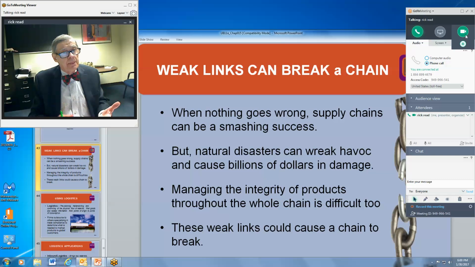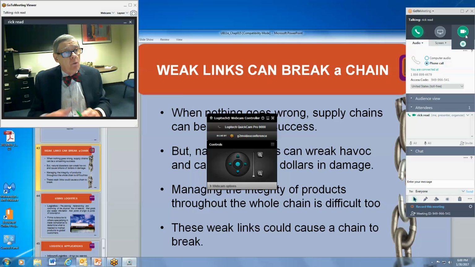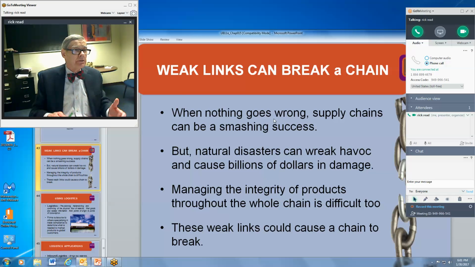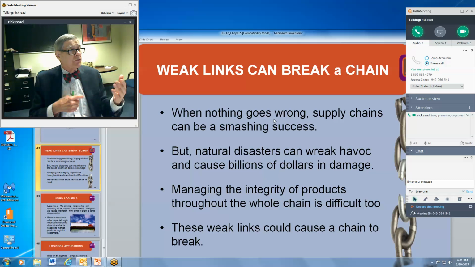So people who are managing supply chains have to be aware of these things. We also have to be concerned about terrorism or unstable governments or corruption in governments, which cause lots of problems in the efficient move and distribution of goods and services.